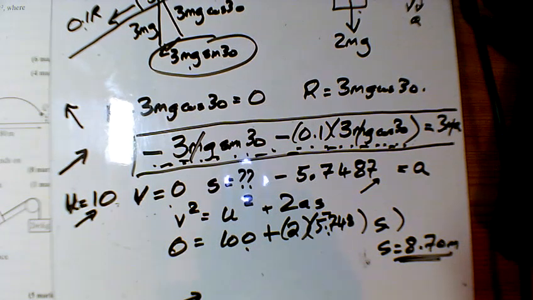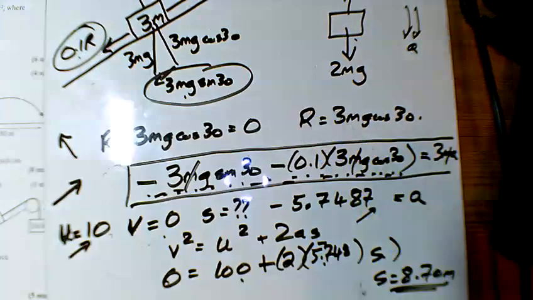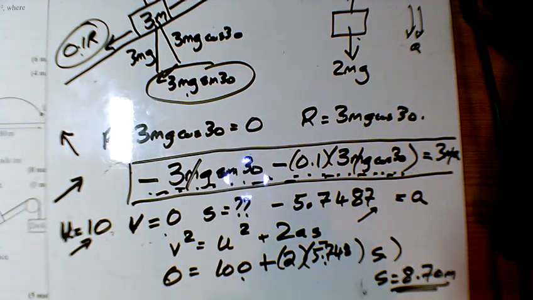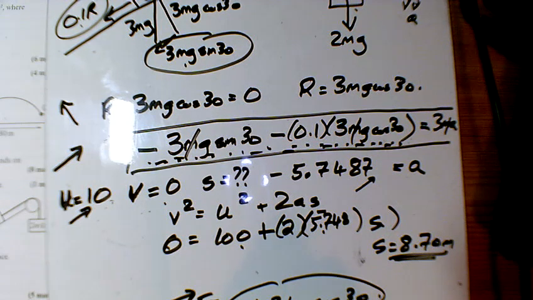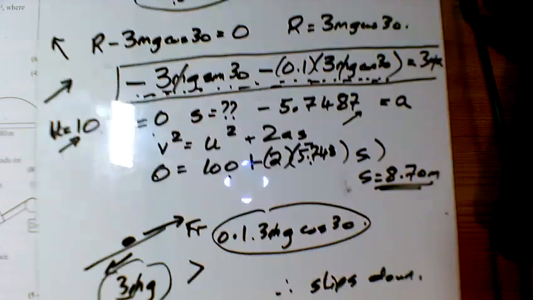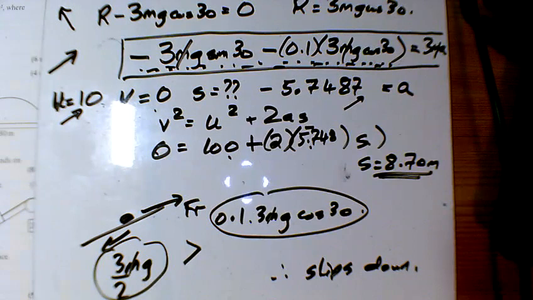What's making it stop there is the friction, and the friction was 0.1 times 3mg cos 30. Well, let's ignore the m's, and you can see that this one is much bigger than this one here. And so because that one's bigger than that one, therefore it slips down. The force down is greater than the force up, so it must be slipping down.